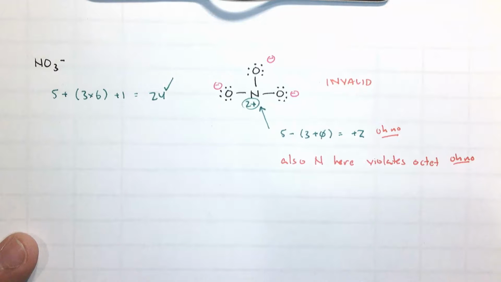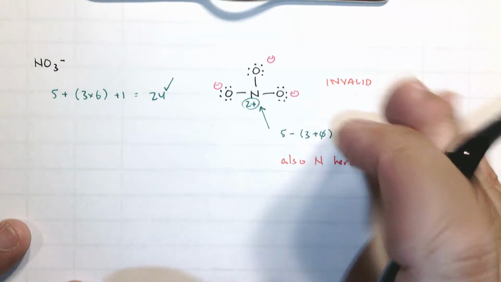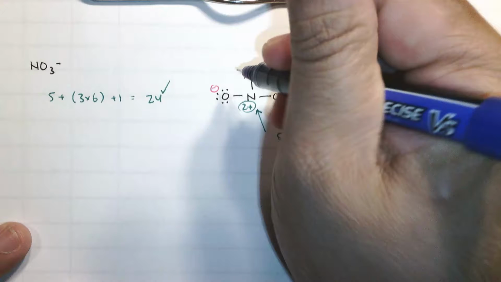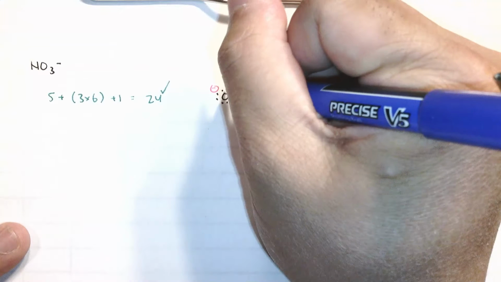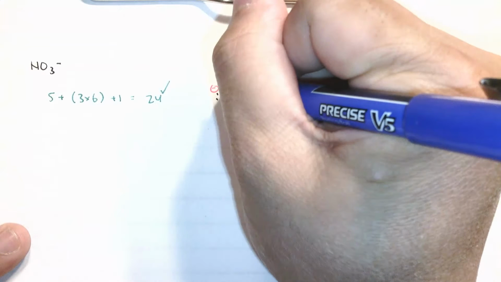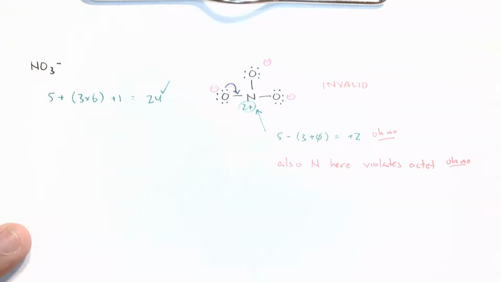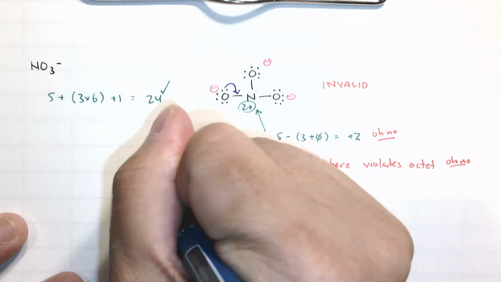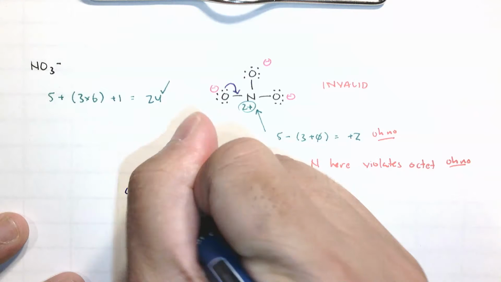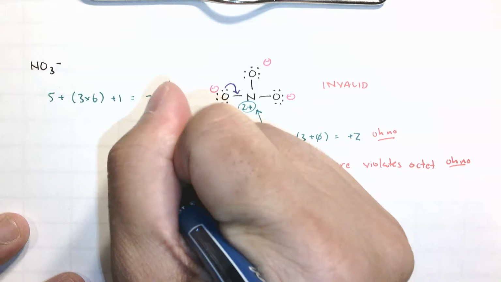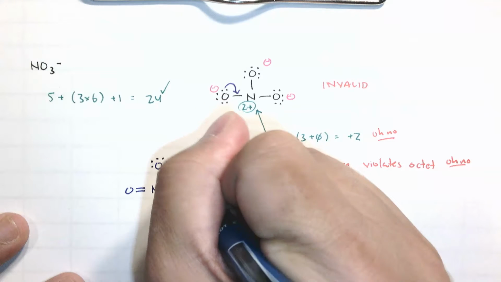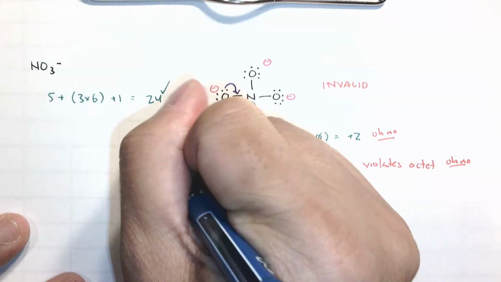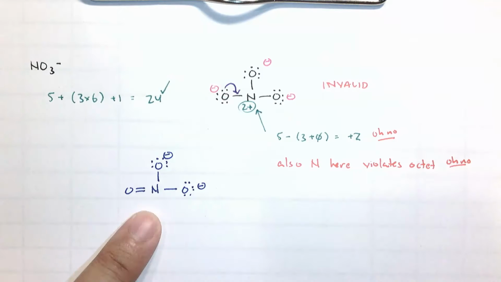How do I make it valid? We got to keep all the electrons. So we know a way to get rid of this charge for oxygen by making a double bond here. What does that do? Let's stop right there and draw the result. Let's do the formal charge for nitrogen now.